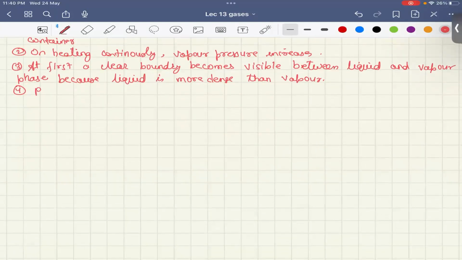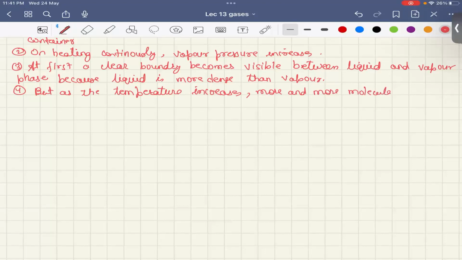But as the temperature increases, more and more molecules of the liquid go to the vapor phase, right? As a result, the density of the vapor phase increases.